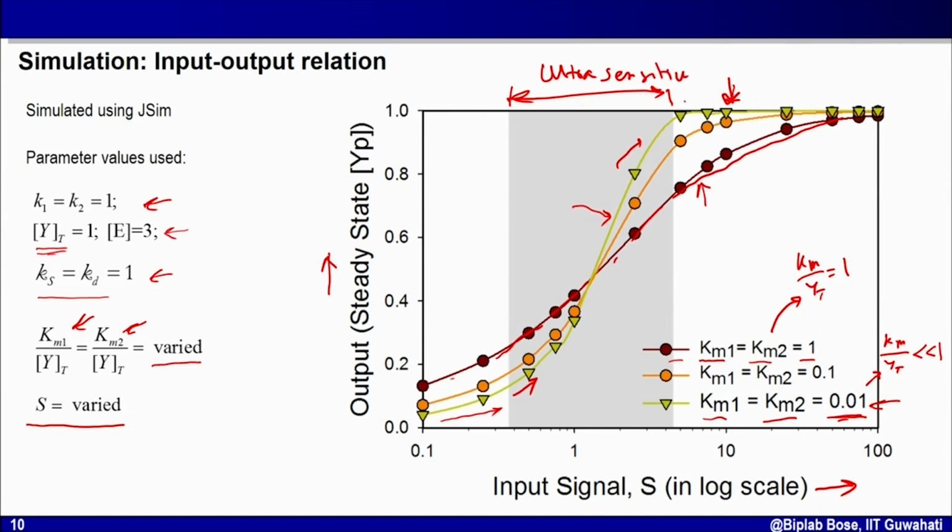Whereas at the higher values of S, Yp is remaining almost constant at 1. So that means this region is insensitive. Similar insensitivity is at the lower end also. Here also it is less sensitive.